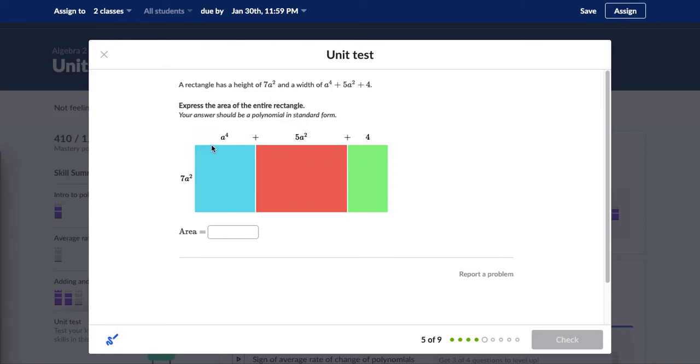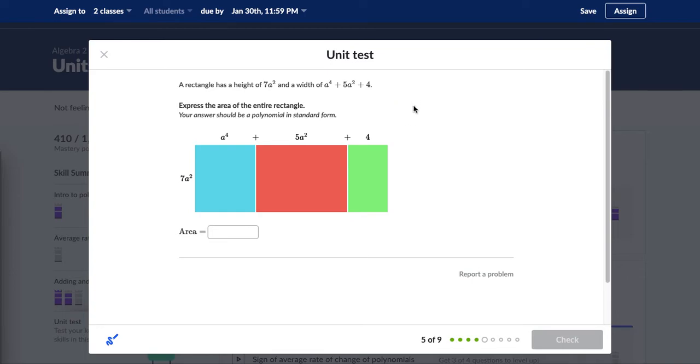This rectangle basically has a length of a to the 4 plus 5a squared plus 4. So this is a really good visual interpretation of what distribution looks like. Let's take a look at what it would look like if we wrote it as a mathematical problem.